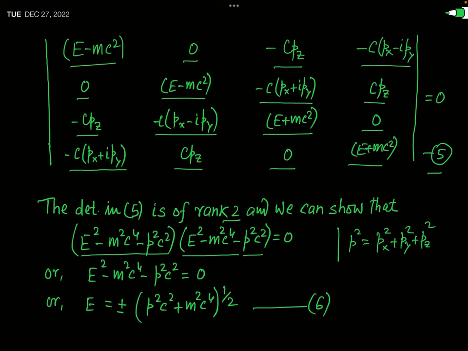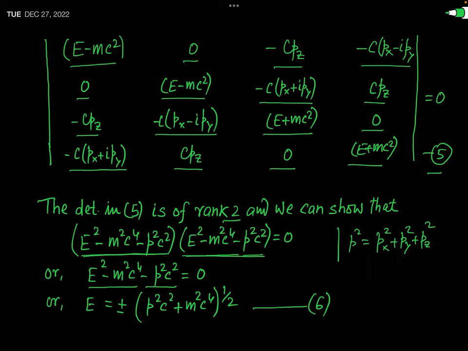In fact, this is just a determinant of rank 2. So here there are two factors, and although both factors are equal here, you can say that if this product is 0, each and every factor will be separately equal to 0. Since both factors are the same, there will be only one solution, that is E square minus m square c4 minus p square c square equal to 0.